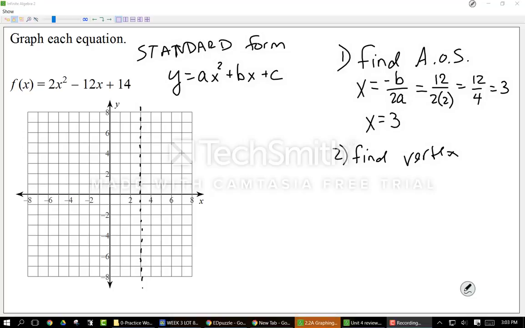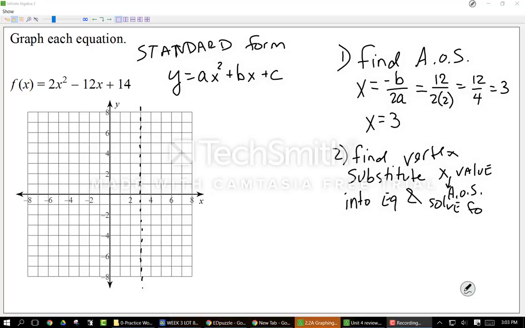How we do that is I'm going to substitute, or plug in, the x value into the equation and solve for y. Remember, the x value is just the AOS. So I'm going to plug it in.